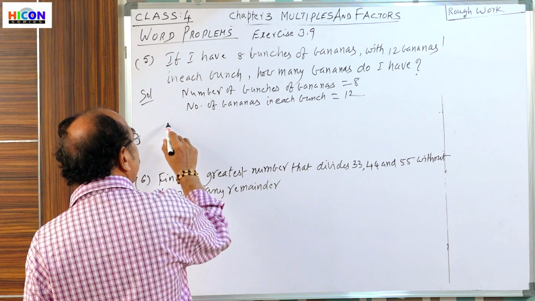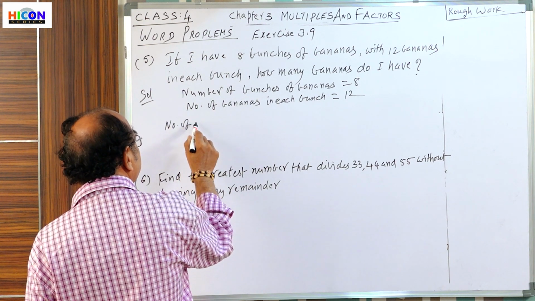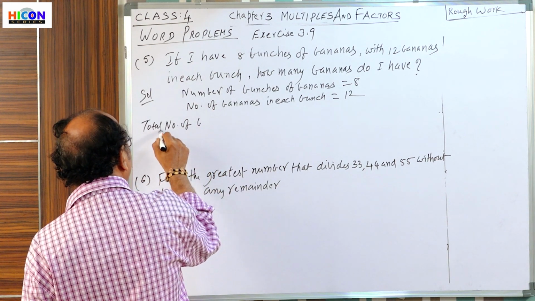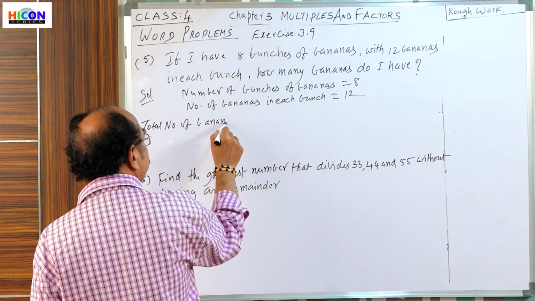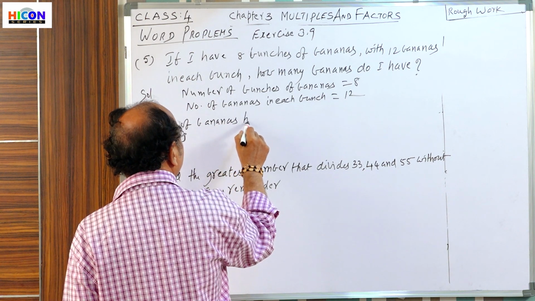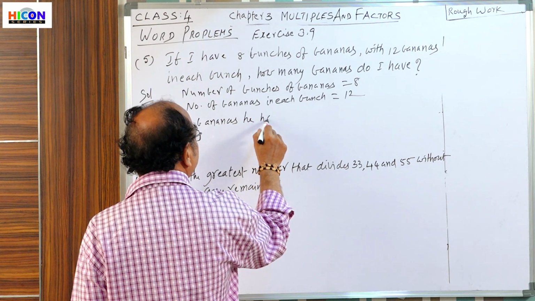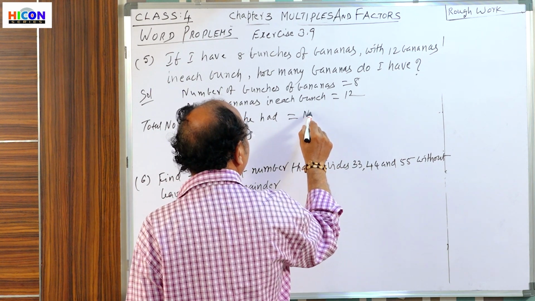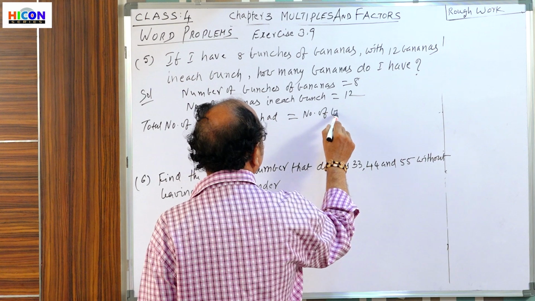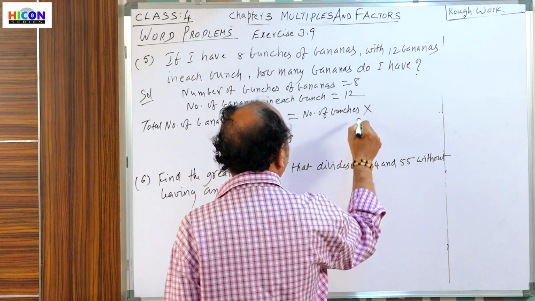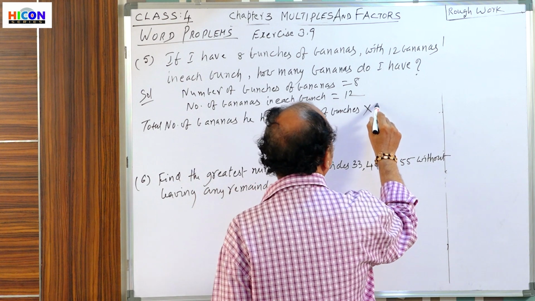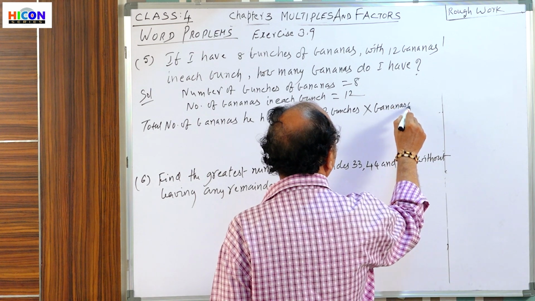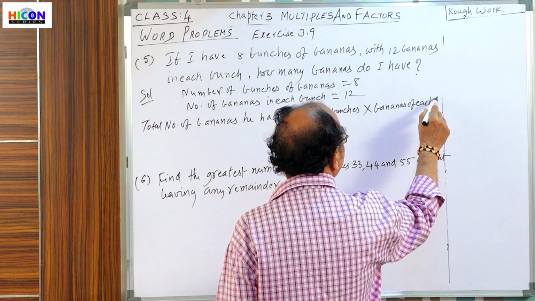Total number of bananas he had is equal to number of bunches into bananas of each bunch.